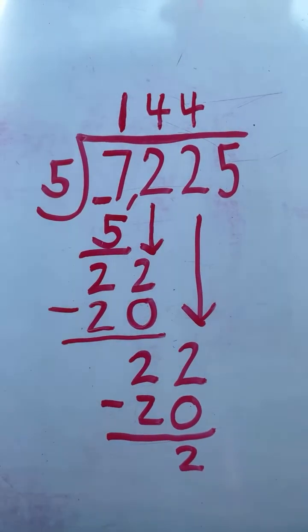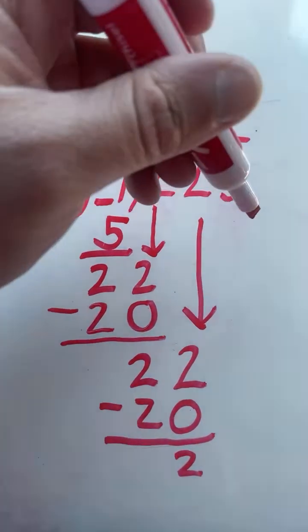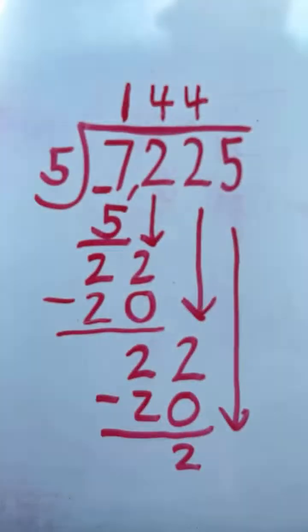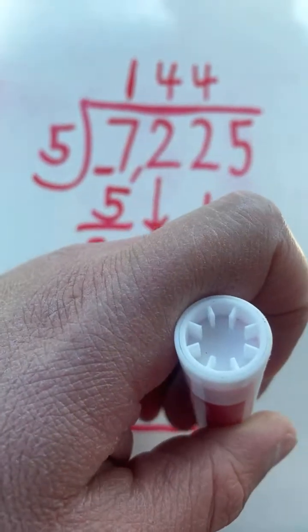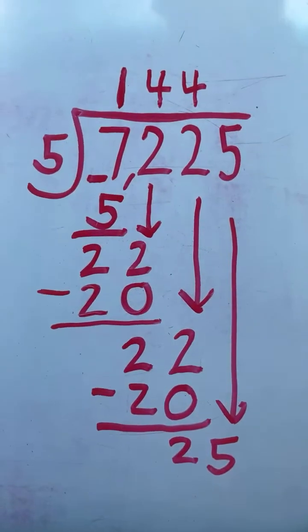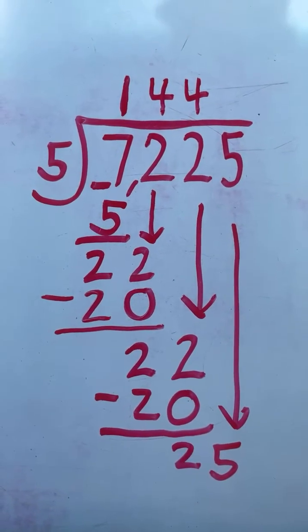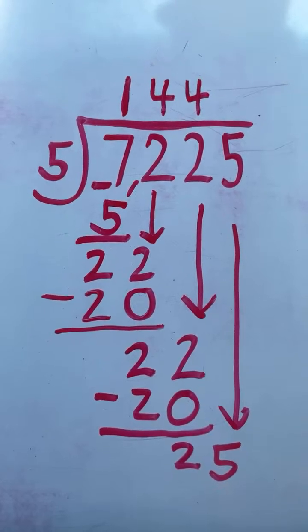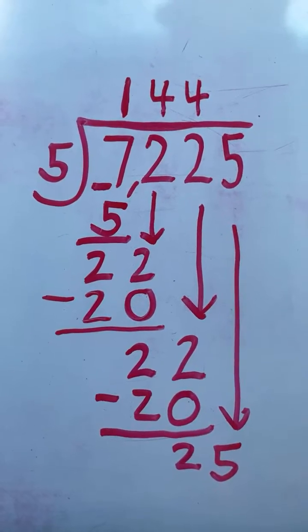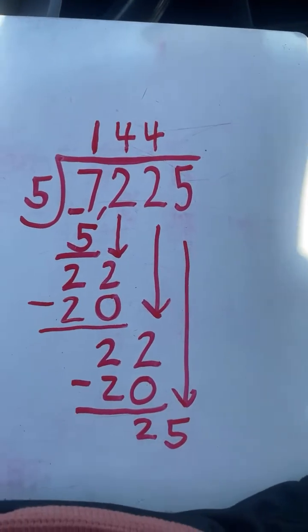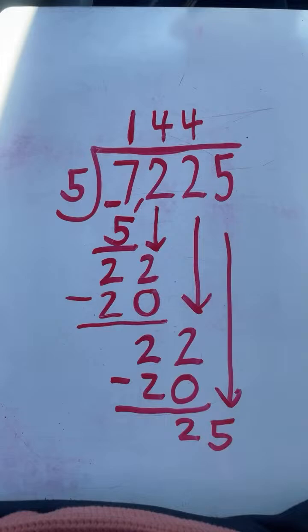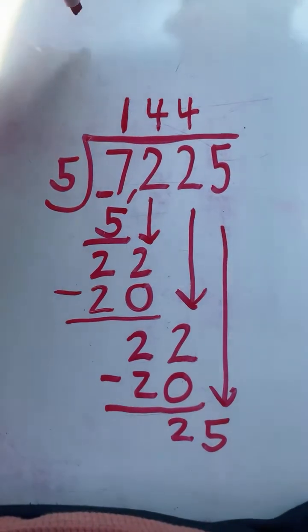Last step is we bring down our final number. We bring down the 5. 25 divided by 5. We've got to figure out how many groups of 5 go into 25. So I guess I can do my skip counting up top here for this one, since I don't have any room on the bottom.